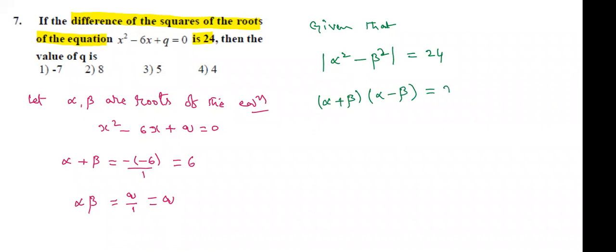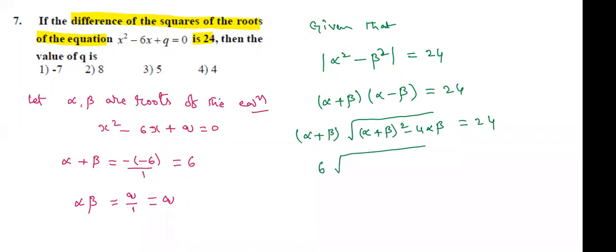That's equal to 24. Alpha plus beta. Then student, how to write alpha minus beta? Alpha minus beta means under root alpha plus beta whole square minus 4 alpha beta. That is equal to 24. Alpha plus beta value 6 into under root 6 square minus 4q. That is equal to 24.